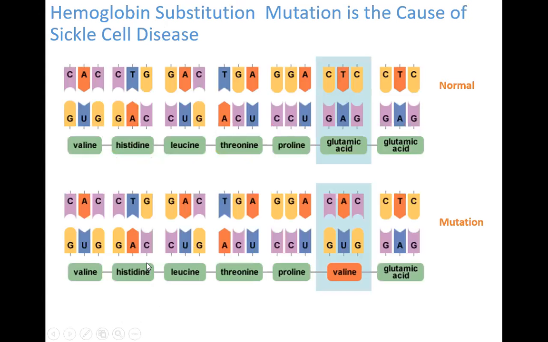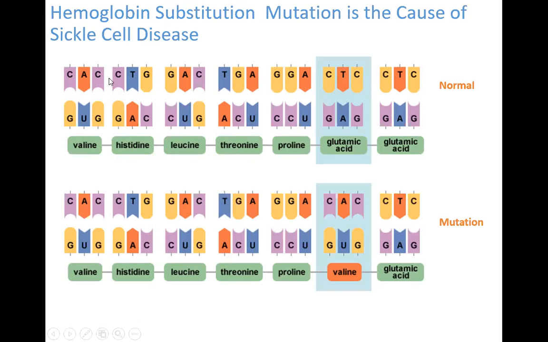Now, this is the substitution mutation that causes sickle cell disease. Look at this. Here we have normal hemoglobin. This is the DNA strand here for normal hemoglobin up here. Here's the messenger RNA version of it.